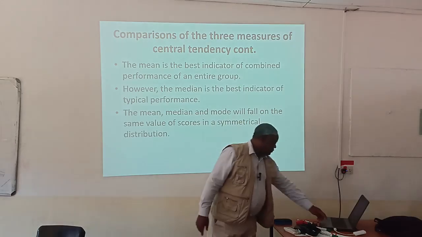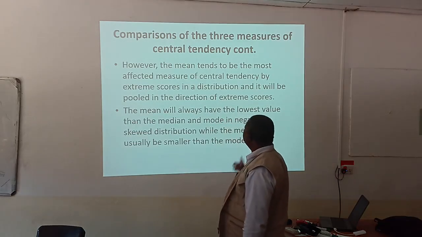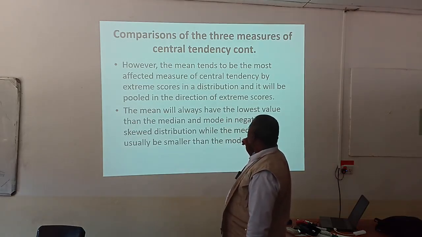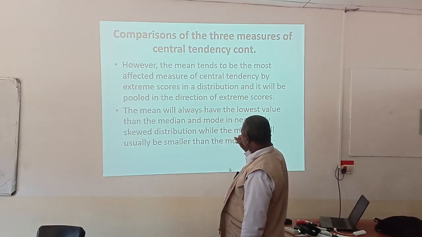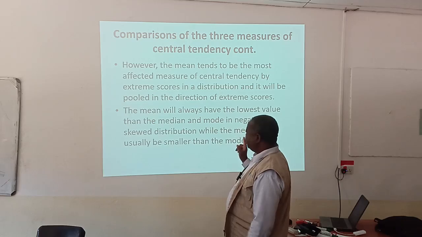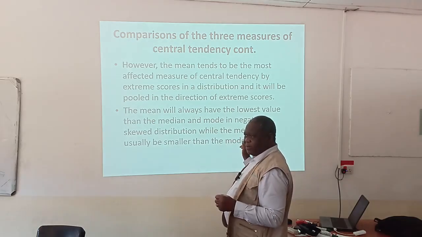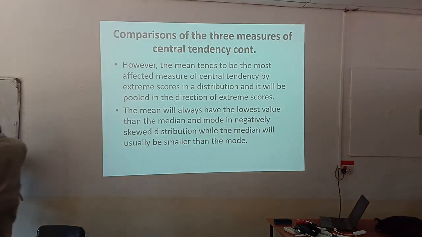But when you have a skewed distribution, or a distribution where there are extreme scores, then the mean will tend to be pulled towards those extreme scores. These extreme scores are pulling the mean towards them, whilst the mode is not affected.